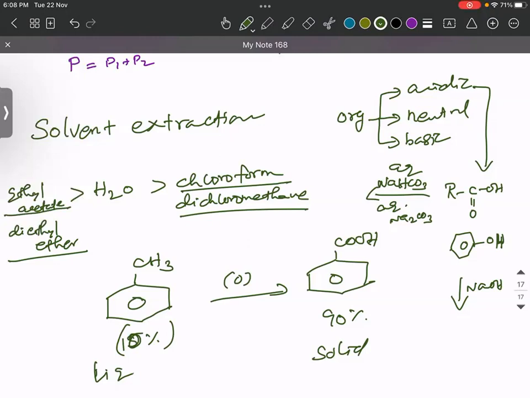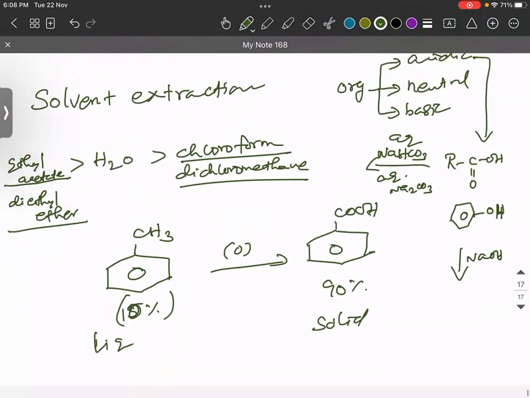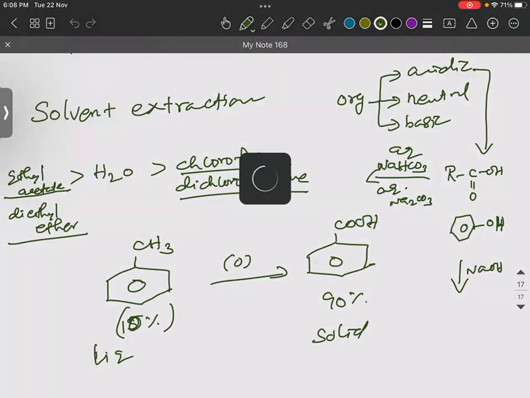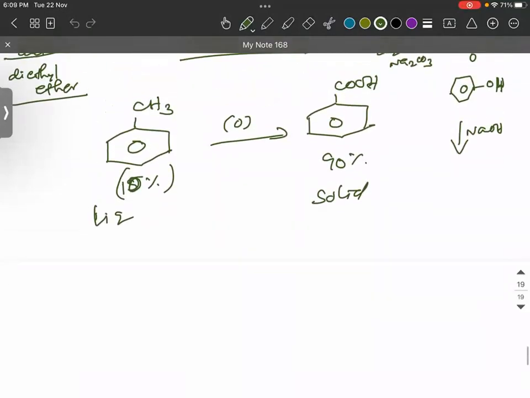Which compound comes to the aqueous layer? So tell me, ethyl acetate is a solvent.